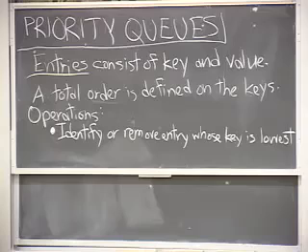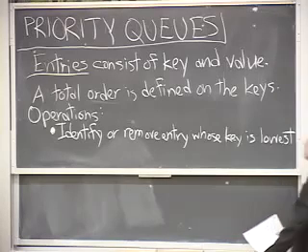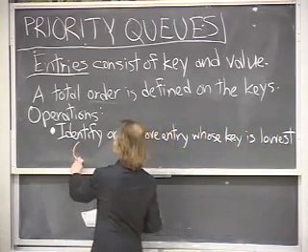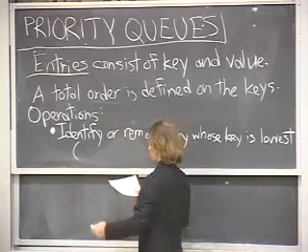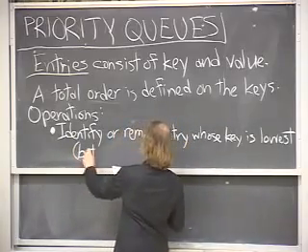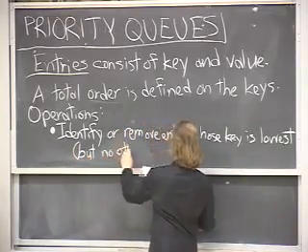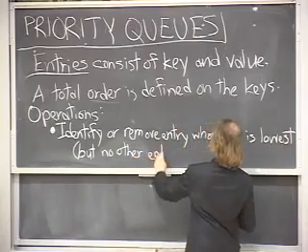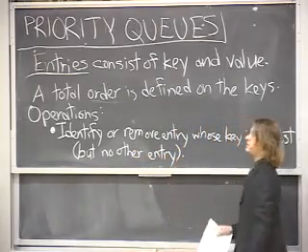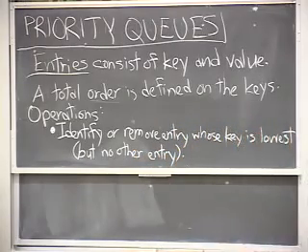And the catch is that's the only entry that you're normally allowed to identify or remove, at least the only one that you can remove quickly. Technically, it's possible to remove other entries, but it could be really slow.